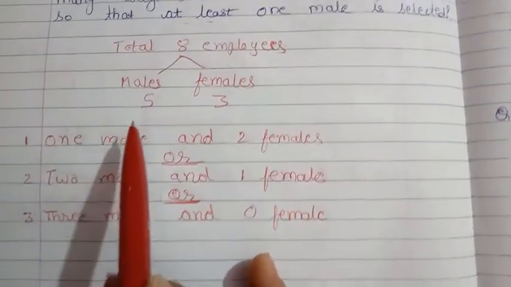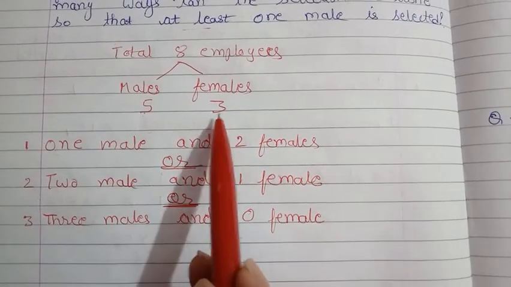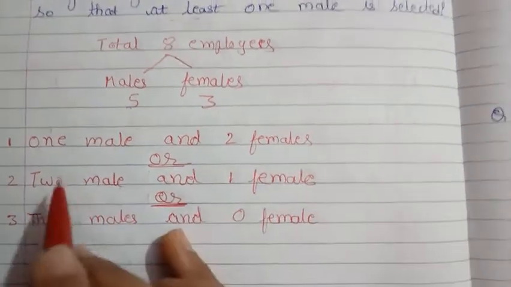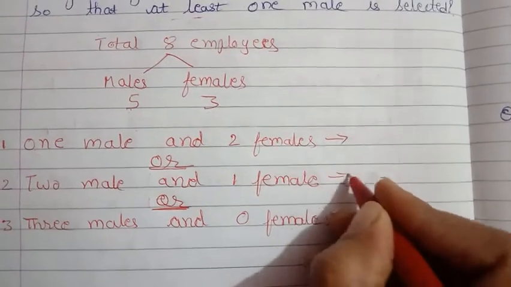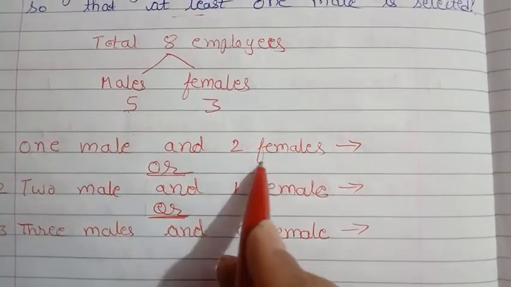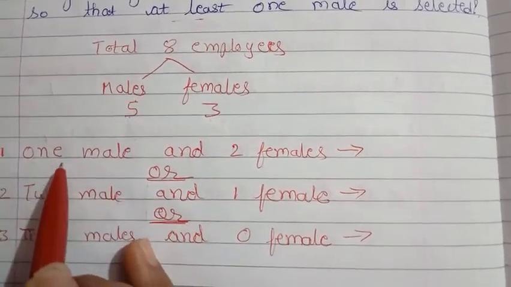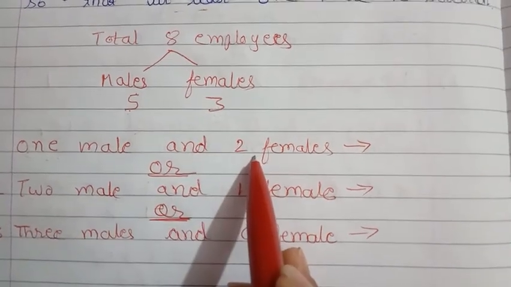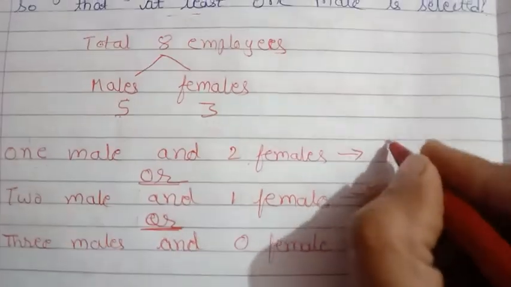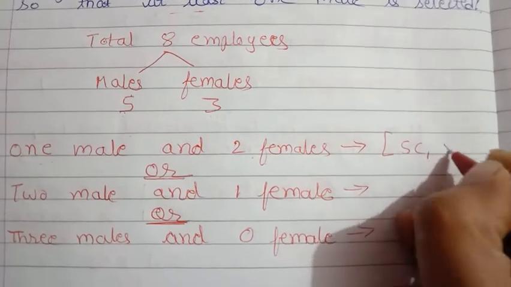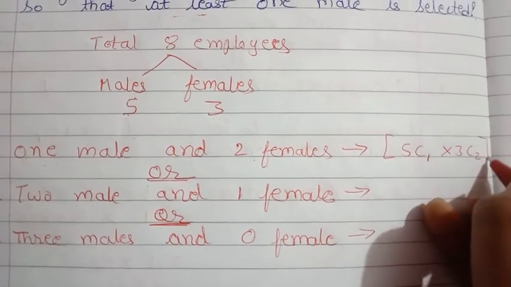Now total number of males we know, that is 5, and total number of females is 3. So how it can be done? This combination, 1 male and 2 females, that is 5C1 and 3C2. So here it will be 5C1 into 3C2.